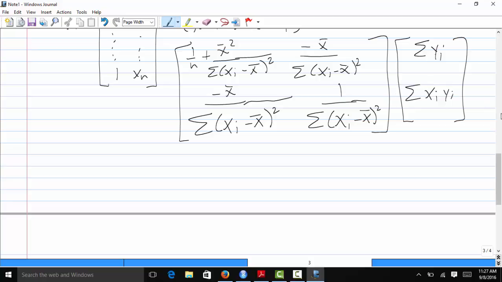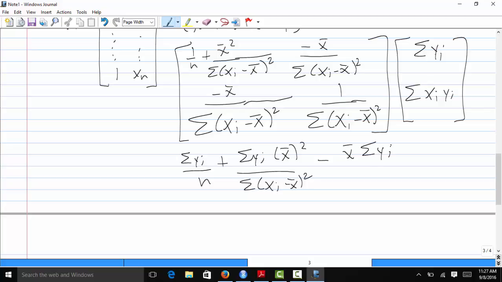Okay, so what I'm going to get is the sum of the y's over n plus the sum of the y's times x bar squared over the sum of xi minus x bar squared, plus, I guess just say minus, right? Because we have a minus right here. So minus x bar times the sum of the y's over the sum of xi minus x bar squared.